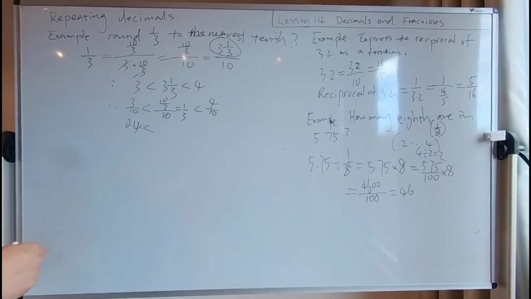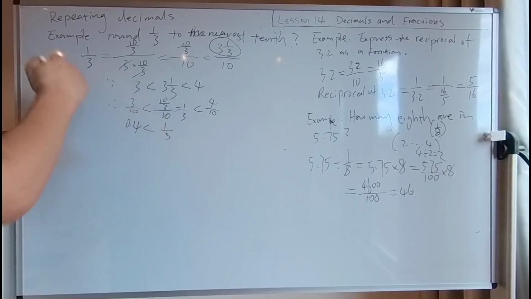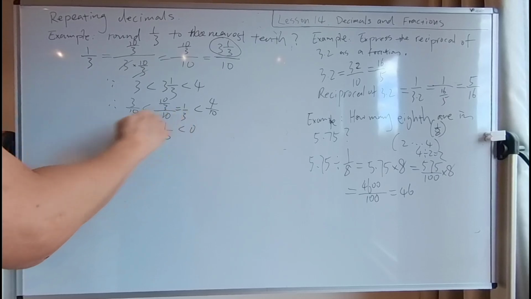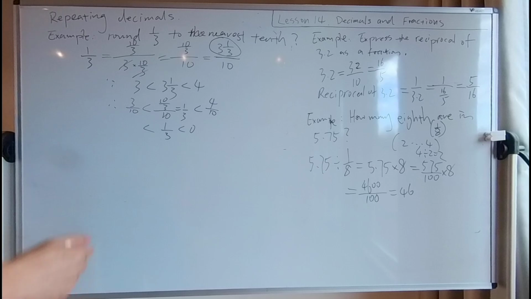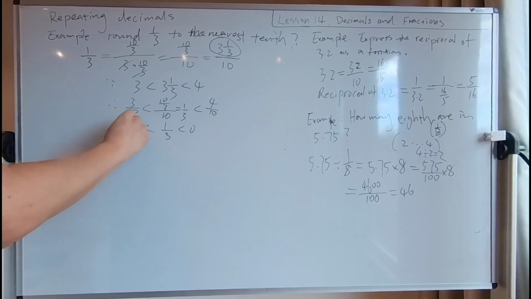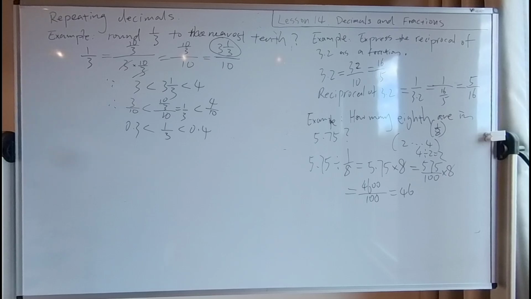So replacing all the numbers, simplifying and replacing this with the original amount 1 over 3, you would be able to tell that 1 over 3 is actually a number between 0.3 and 0.4.